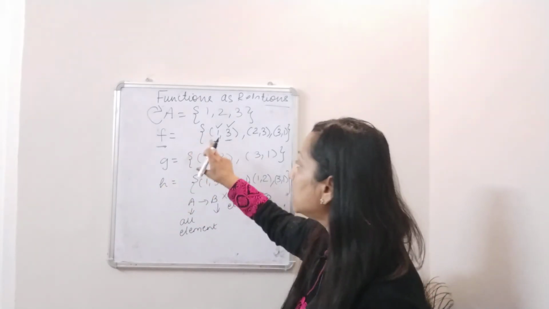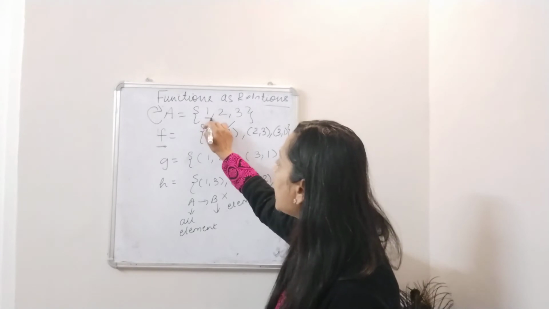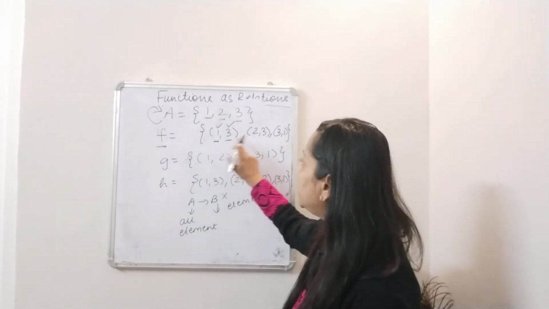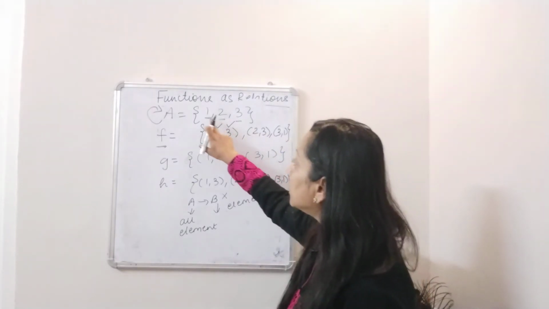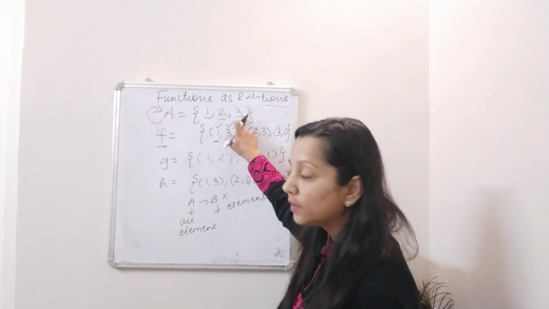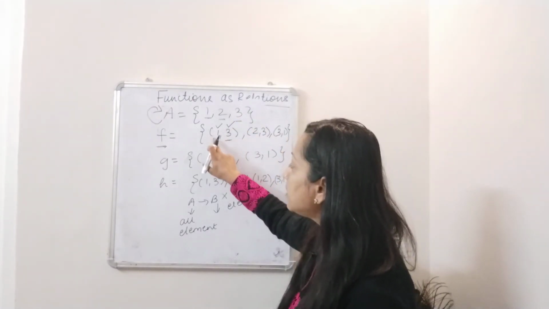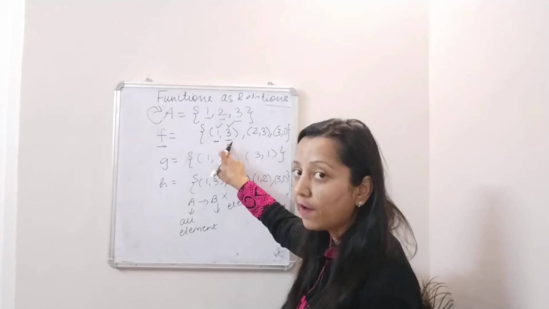So that means in the coordinate pair, all the elements of set A must be present as the first element in the coordinate pair of the function.